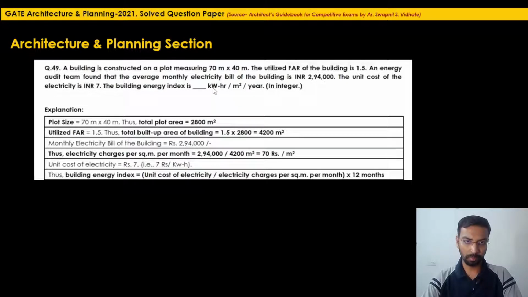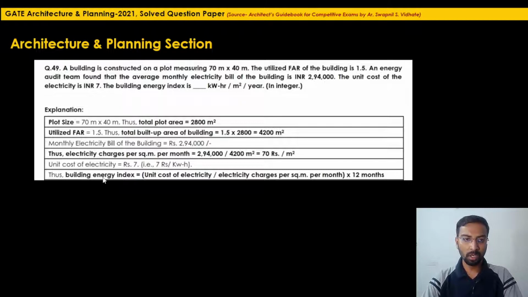If you do not know the formula, you can just observe the unit given in the problem and the unit required in the problem, and simply apply logic and put the values in such a way that at the end the unit of the answer will be kilowatt hour per meter square per year.